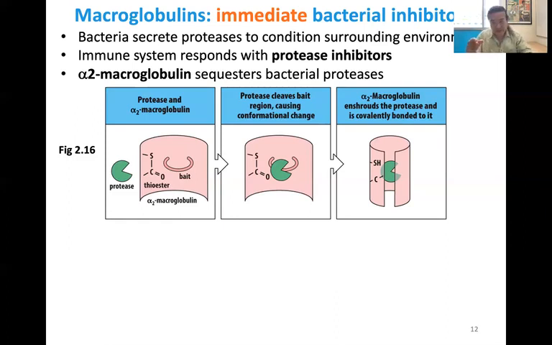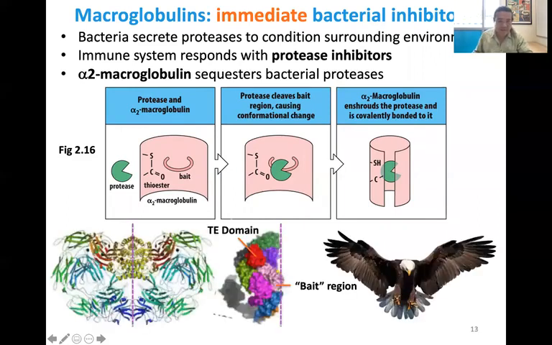Hopefully, when you're looking at this, you're like, what? That's crazy. Wait, what does this thing really look like? So of course, I'll show you what it really looks like, just as long as my screen sharing cooperates. Here it is. Down at the bottom here, this is the ribbon structure of the polypeptide chain of the macroglobulin, and you can see it's symmetrical.